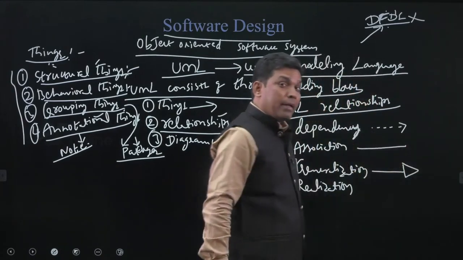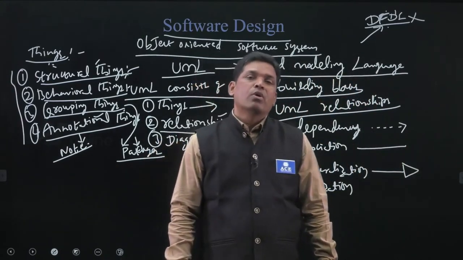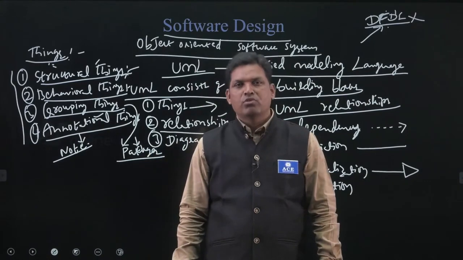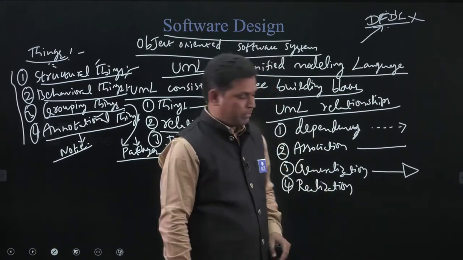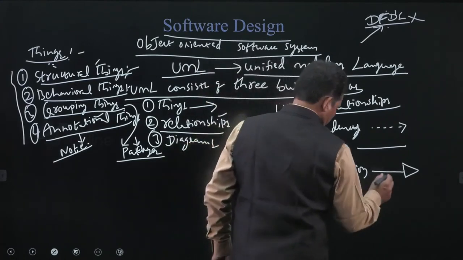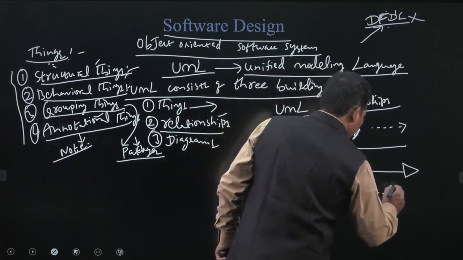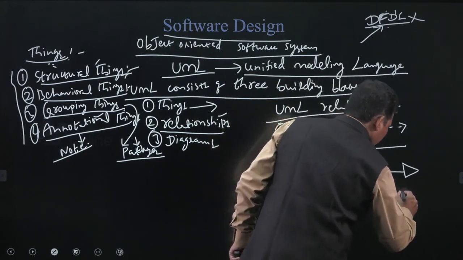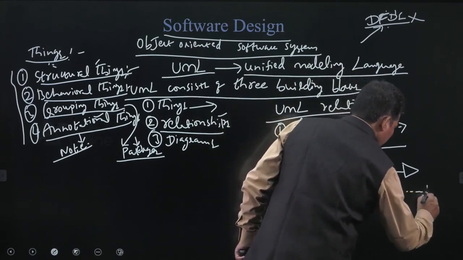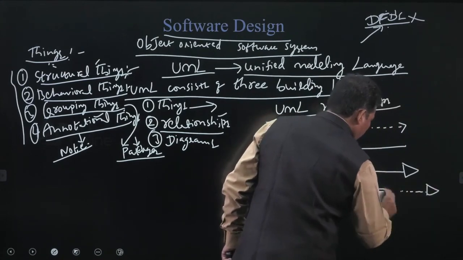If you want to model parent and child classes, or the inheritance property, in that situation we use the generalization relationship. Then what is the importance of realization? It can be represented like this. This is the graphical representation of realization.